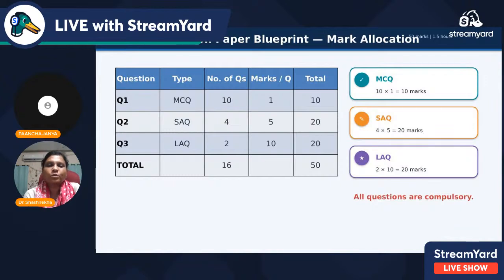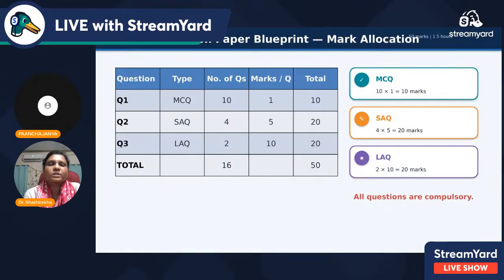You will have only one paper, which will have 50 marks. What I have shared is the marks allocation. You will have LAQs, SAQs, and MCQs, as you know already.